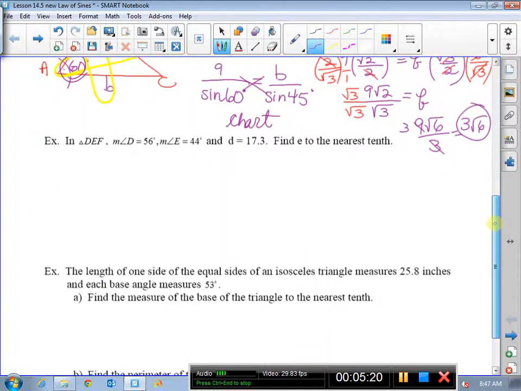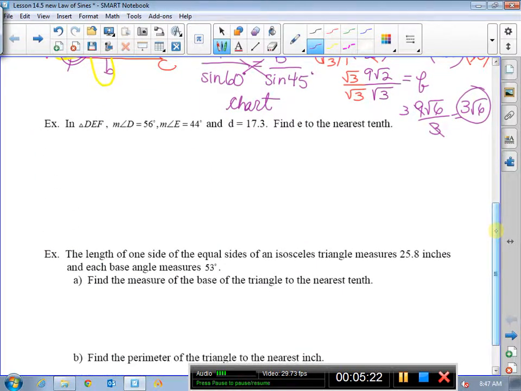All right, let's see what we have in the next example. Triangle DEF. The measure of angle D is 56 degrees. The measure of angle E is 44 degrees. And side D is 17.3.